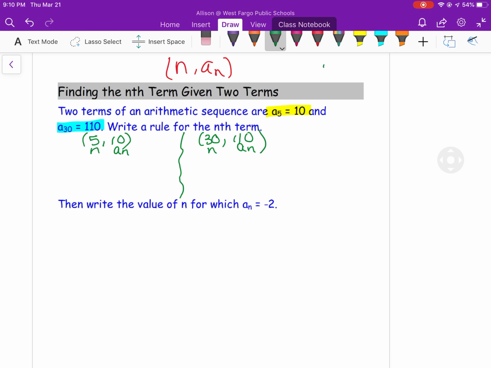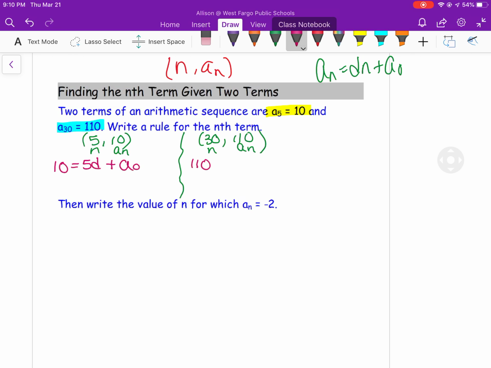So if I use my general formula, a sub n equals dn plus a sub 0, I can come up with 2 equations with 2 unknowns. So 10 for a sub n equals, I'm going to plug in 5 for n, so I'm going to have 5d plus a sub 0.